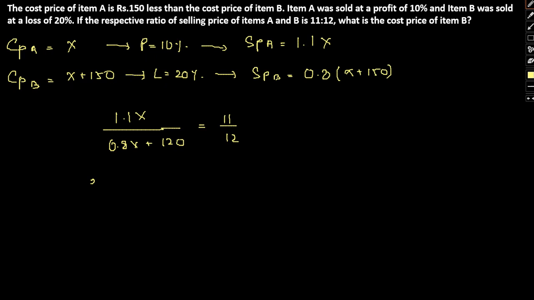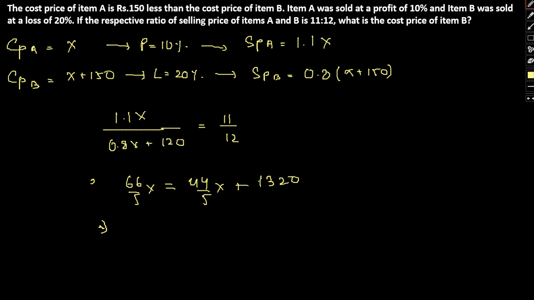1.1 into 66 by 5x equal to 44 by 5x plus 1320.